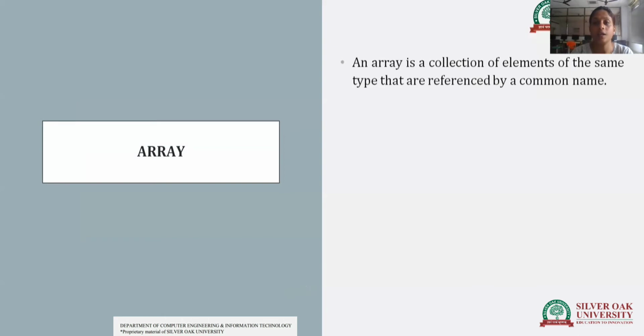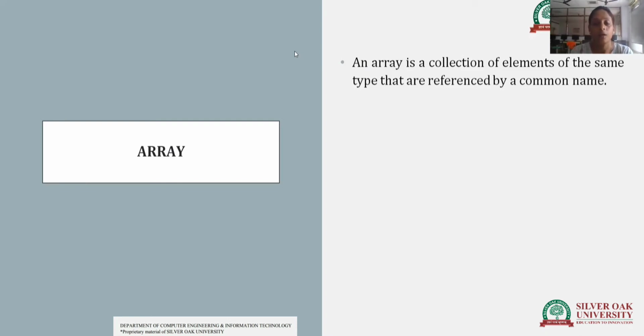An array is a collection of elements which are of the same type and that are referenced by a common name. Normally, if we do not have this concept, we use different variables to store different values. As per the variable rule, a variable stores only one value at a time.